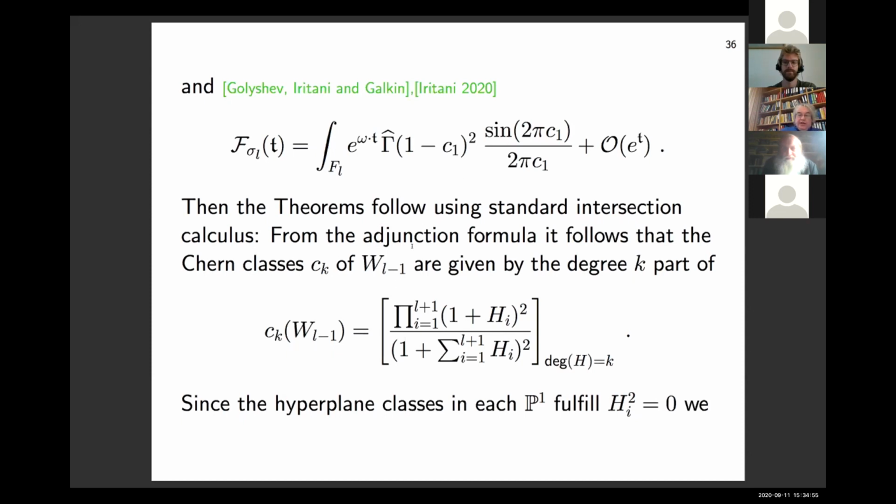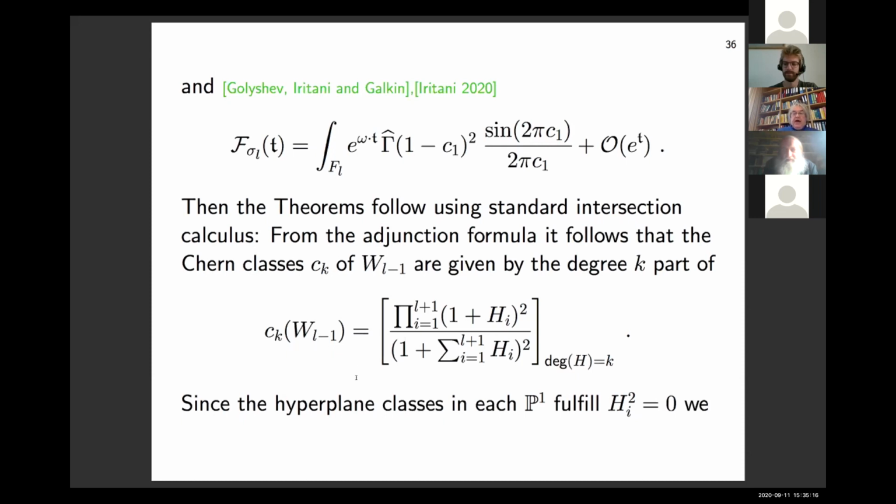So you have the adjunction formula. So you have basically the tangent bundle and the normal bundle, and the normal bundle is squared because you have 2 constraints of 1, 1, 1, 1, 1, and then you take the degree k coefficients of this expansion, and then you get the Chern class of VW. So that's easy enough.